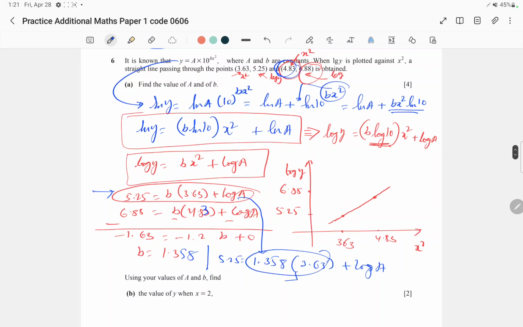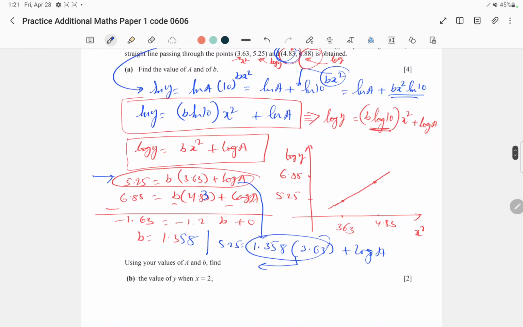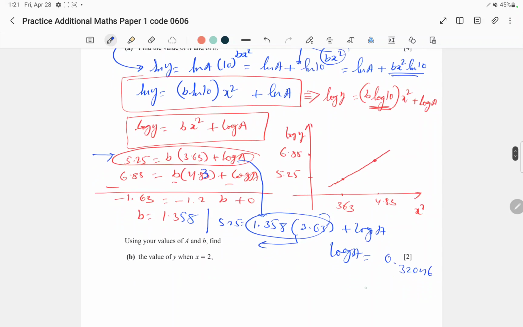Now we take this to the left side, which is 5.25 minus 1.358 times 3.63, which I got as 0.32046.